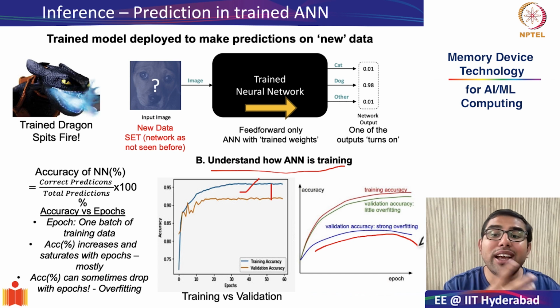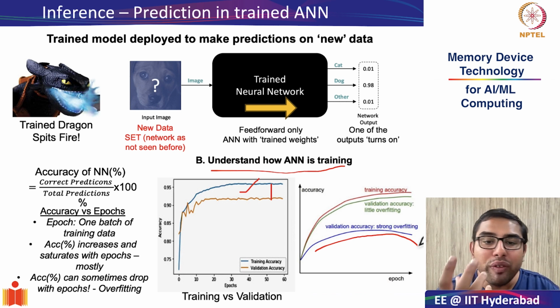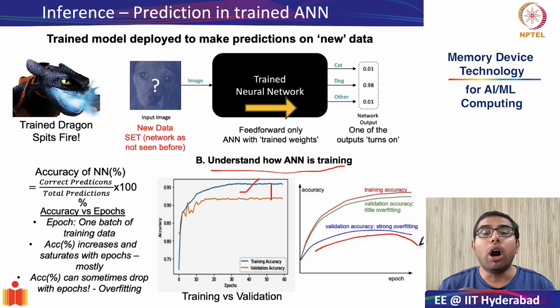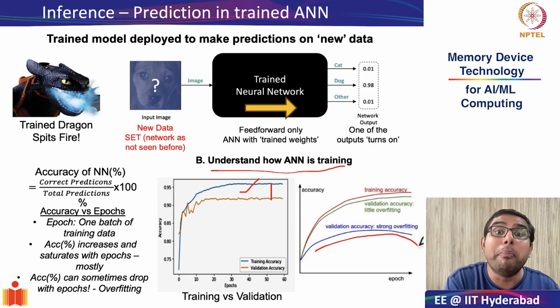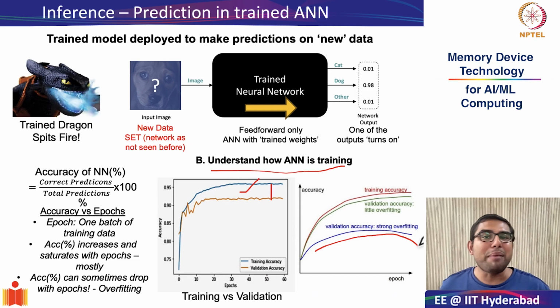So what is the meaning of overfitting? The meaning of overfitting essentially is that your neural network has stopped generalizing from data, and has started memorizing data. A very good example I give in class is rote learning that students sometimes do, versus understanding the concepts.